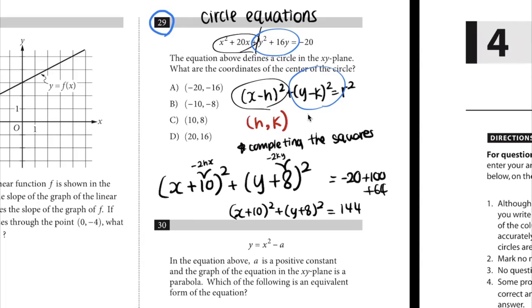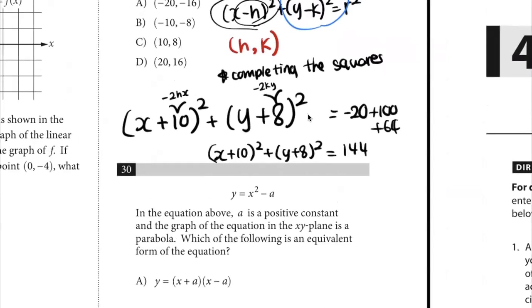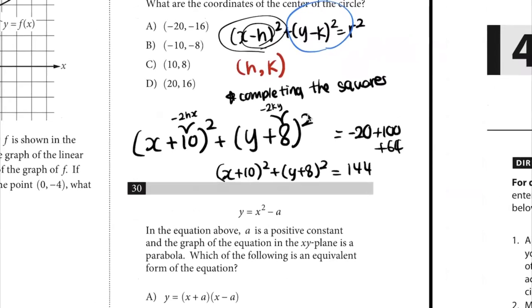Since you need to put it back to the original form, you need to make it negative h. So that is going to be negative 10 and negative 8.